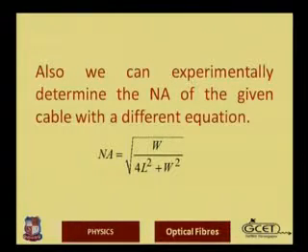If you have the experimentally measured numerical aperture, then you can find out the core and cladding refractive indices, as well as other properties like the attenuation of that particular fiber optics cable.